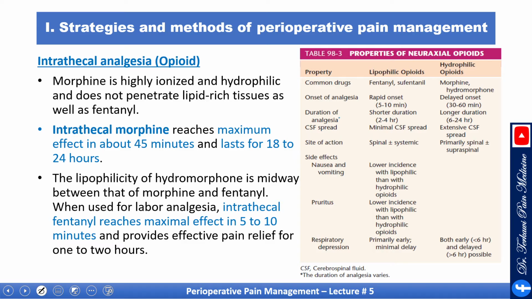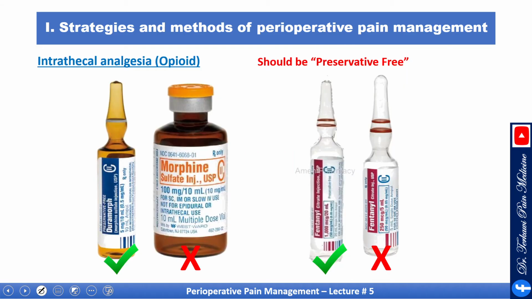However, fentanyl, as you imagine, acts faster and stays shorter. So this table compares lipophilic opioids to hydrophilic opioids in terms of onset of analgesia, duration, CSF spread, site of action, and side effects.